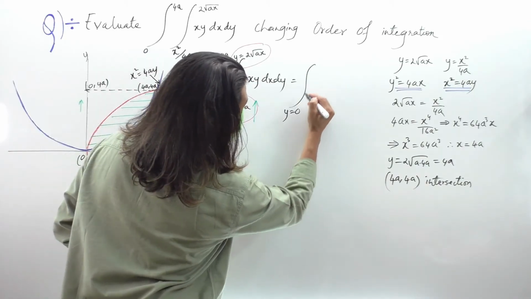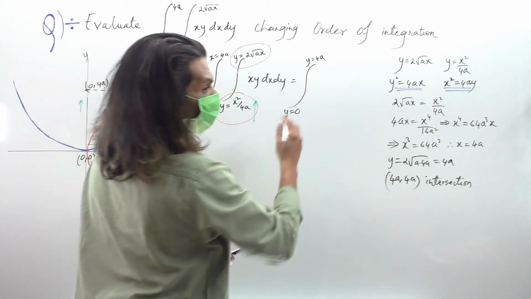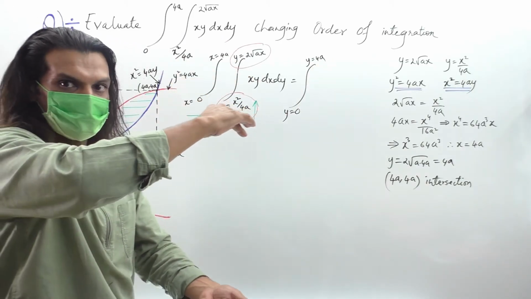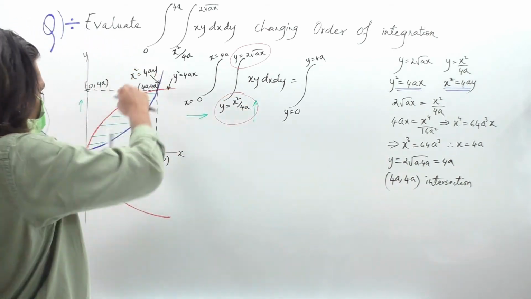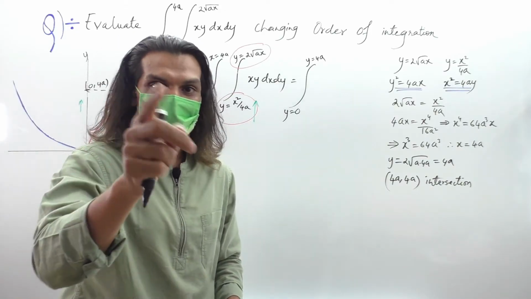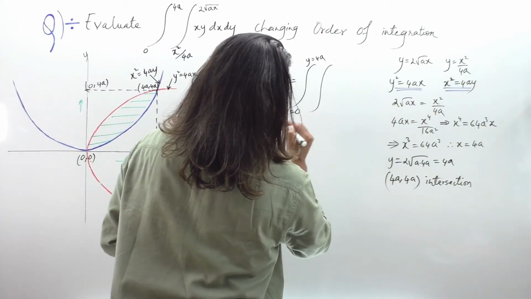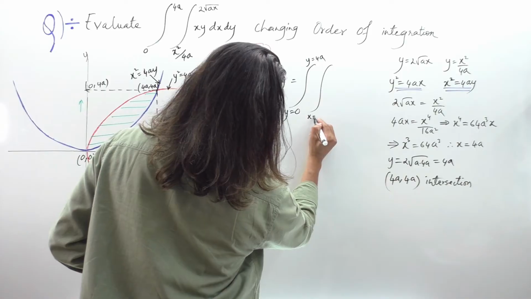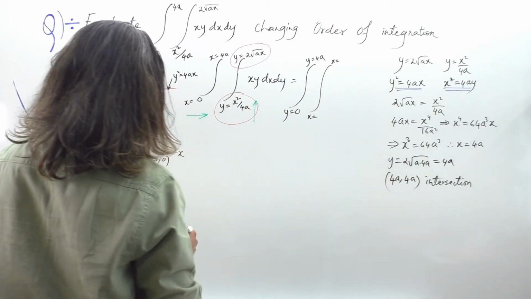So y is equal to 0 to 4a. That is a constant. The region comes from 0 to 4a. Inside is x, the equation in terms of y. So x is equal to.